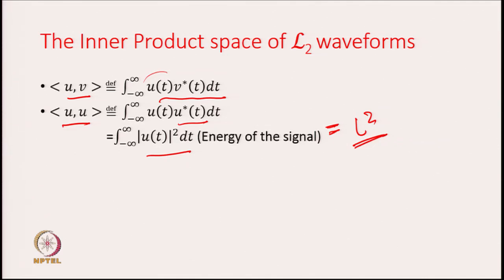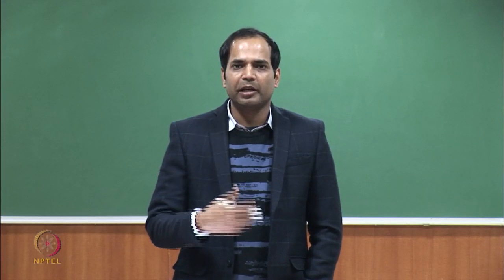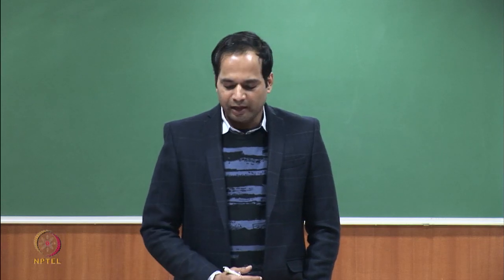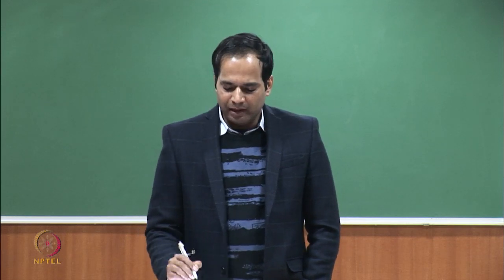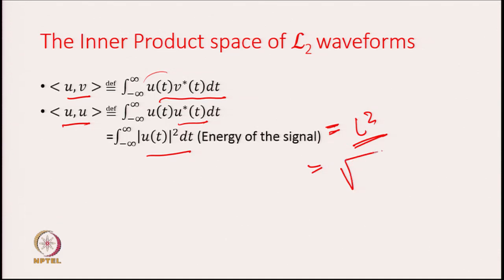So, if I am interested in the length of a signal, trying to think about treating the signal as a vector, then easily I can take the square root of this quantity. So, this will tell me what is the length of my signal. Okay.